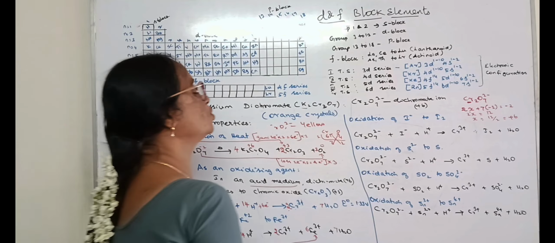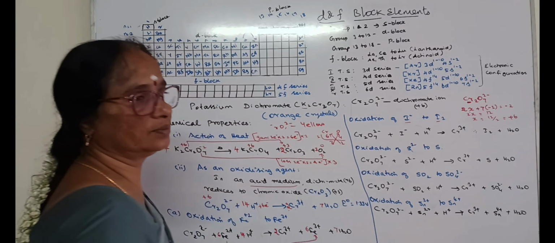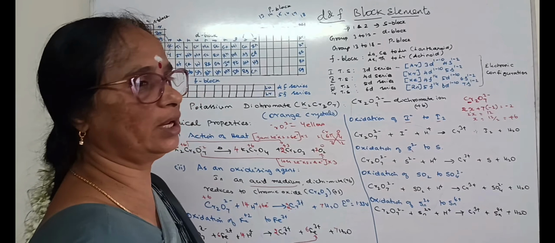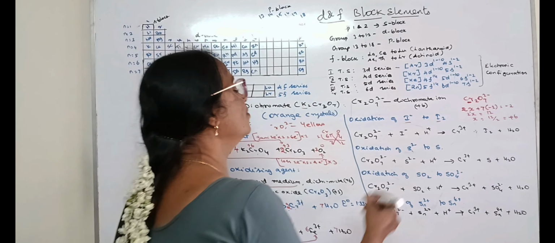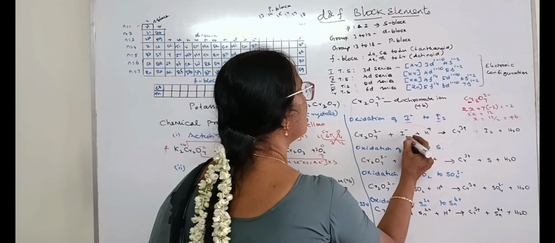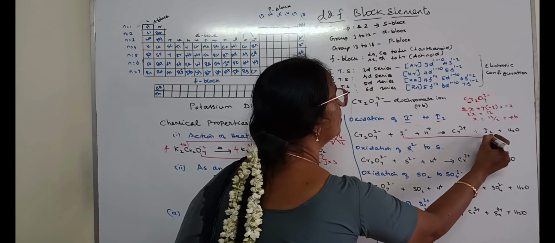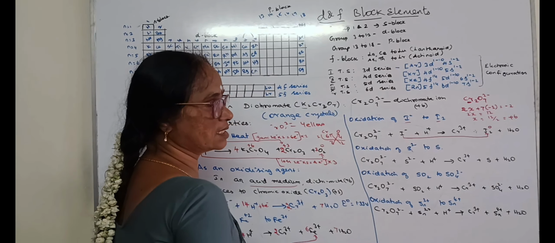The next one, oxidation of iodide to iodine. So the iodide, any iodide salt we can have, potassium iodide or sodium iodide, where the iodides are converted into iodine. So here also the oxidation number increases because iodine approaches zero oxidation state.